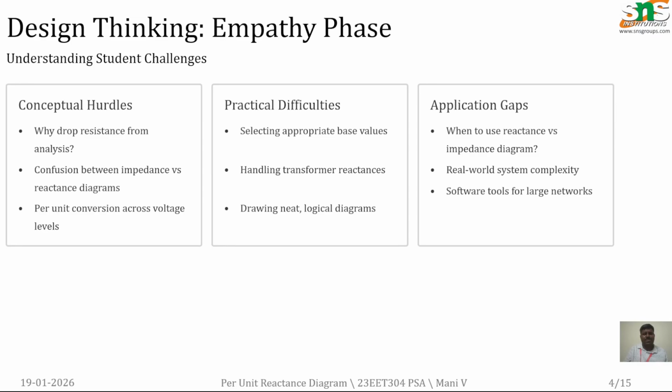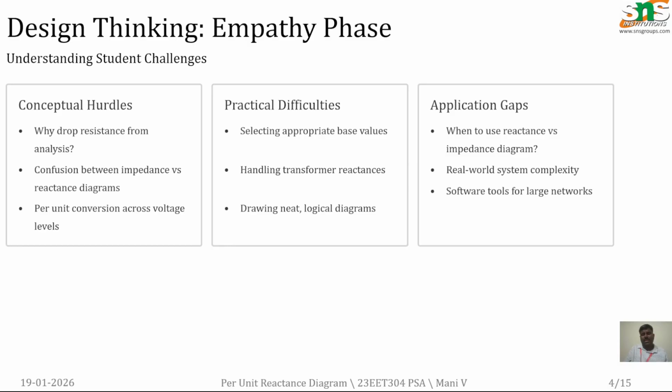These are a few confusions among the community, and there are practical difficulties like selecting the proper base value, handling the transformer reactance, and handling the different voltage levels in the transformer when drawing the diagram.